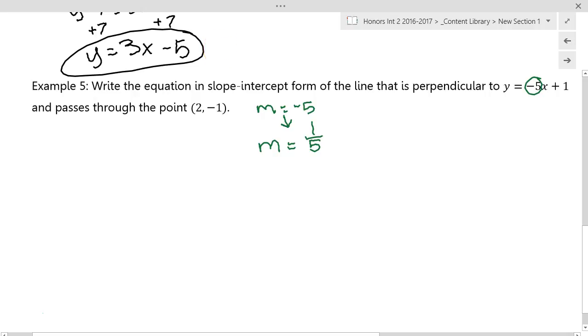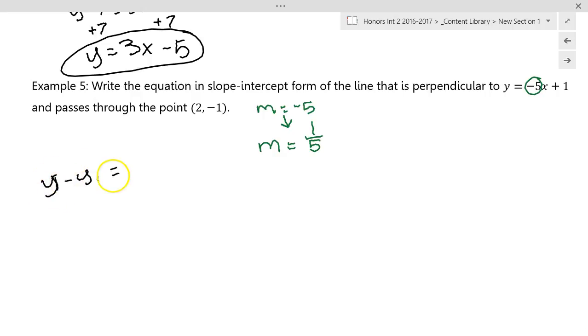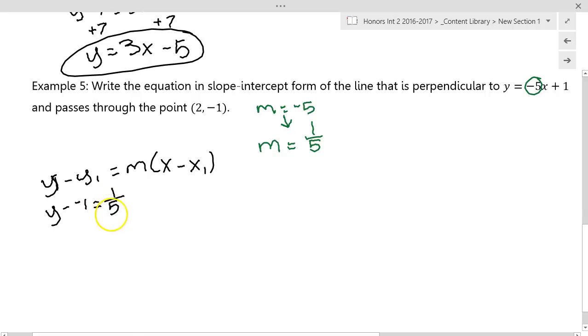So now again, I have a slope and a point, using point-slope form. y minus y1 equals m times x minus x1. So I have y minus my y1, which is -1, equals my slope, 1/5, times x minus 2.